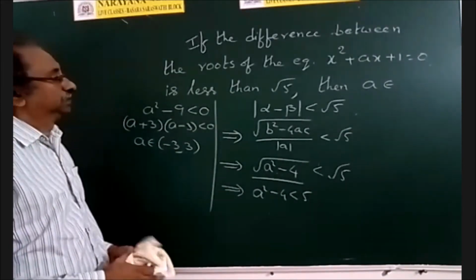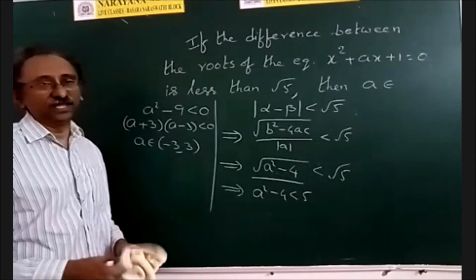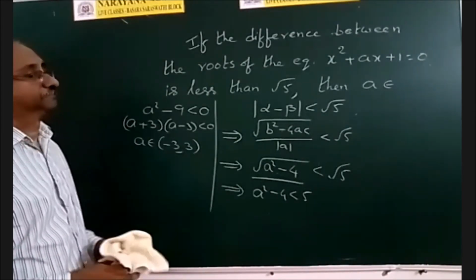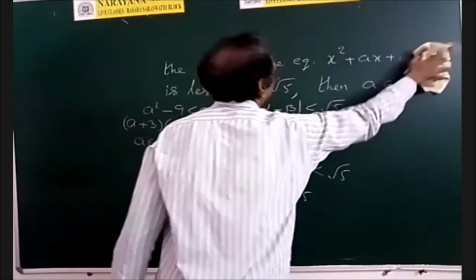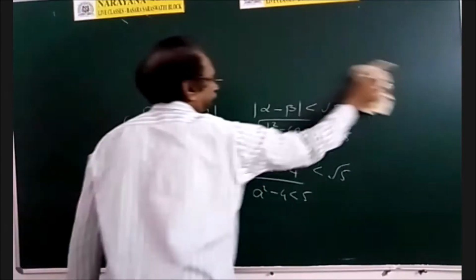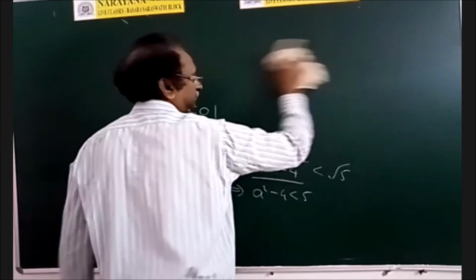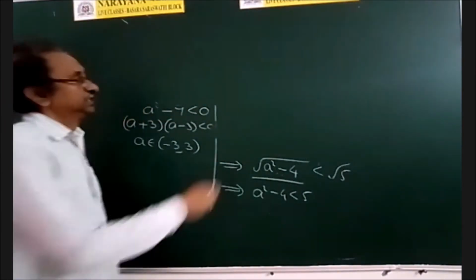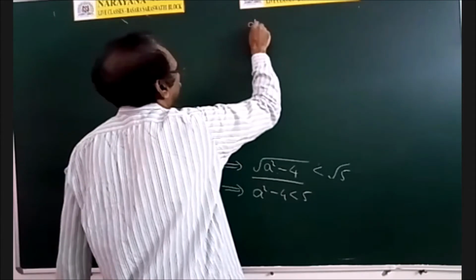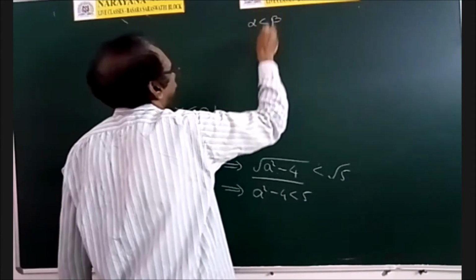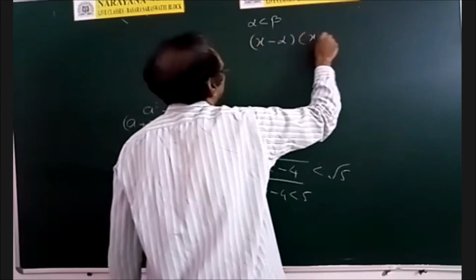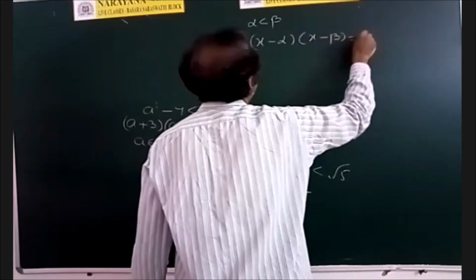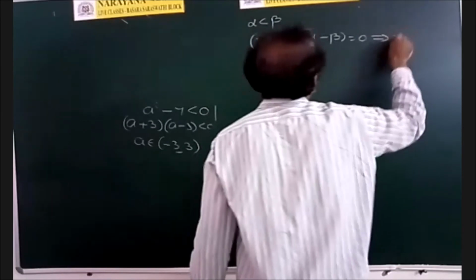So once again, I will write those inequalities. See, suppose alpha is less than beta and x minus alpha into x minus beta is equal to 0. So what are the roots?